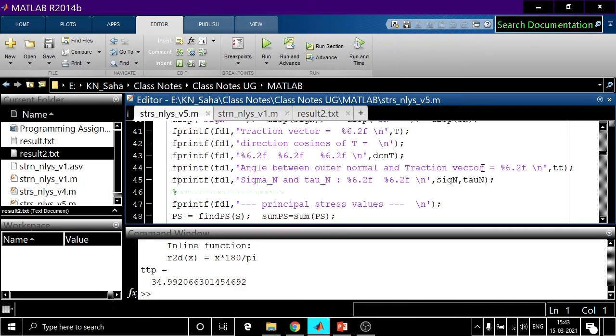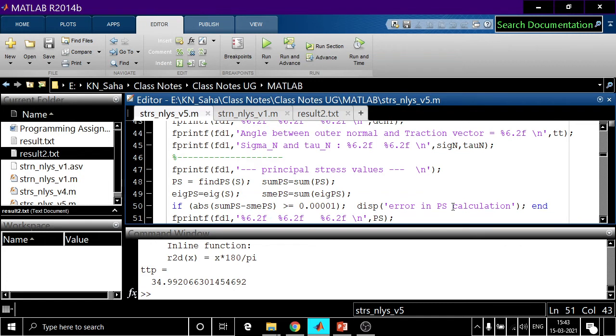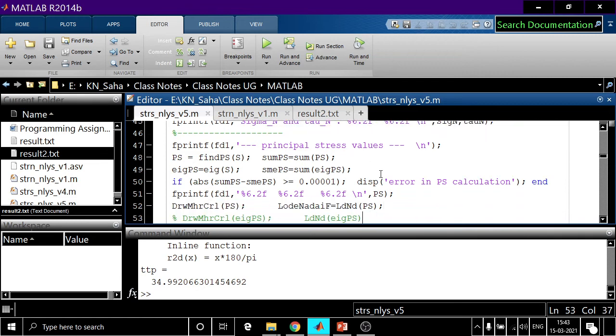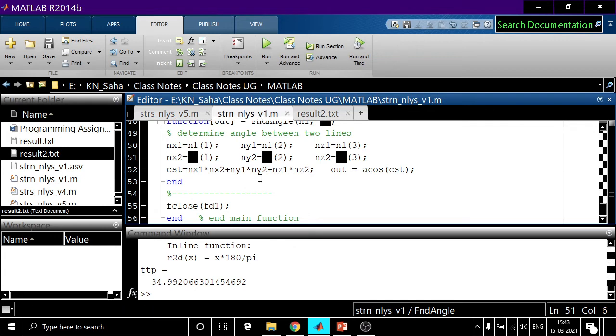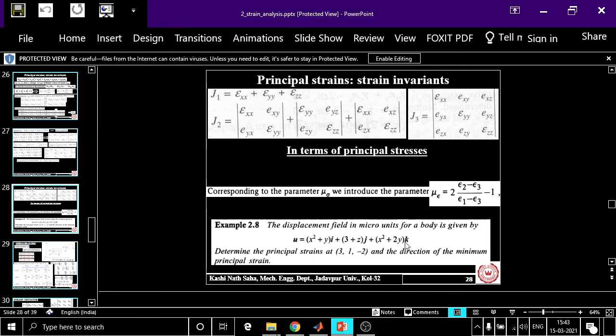And in that stress analysis we had this portion of calculation of principal stresses. So this part would be identical even for strain analysis. The subroutines and other things are available. So that is why in connection with strain analysis we are not showing that part.